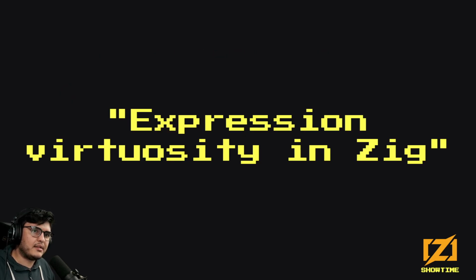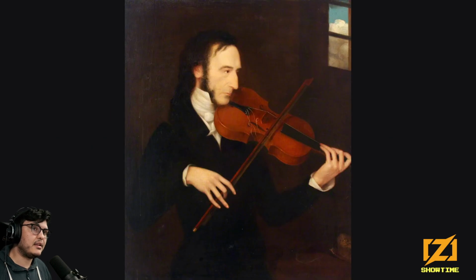So the translation of the title, Virtuosismi d'espressione in Zig, would be expression virtuosity in Zig. That would be the English version of that title. And as I was saying, this comes from music. Here you have this painting. They didn't have selfie cameras at the time, I guess, of this guy playing violin.